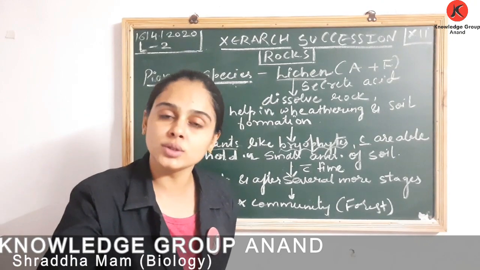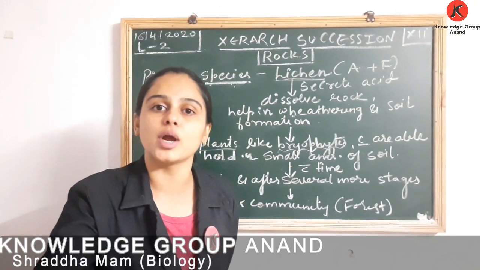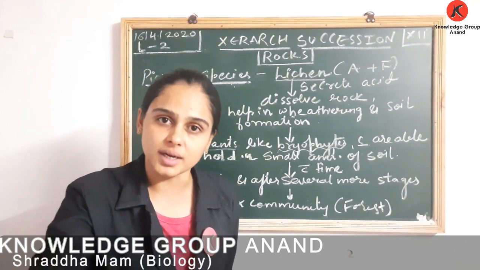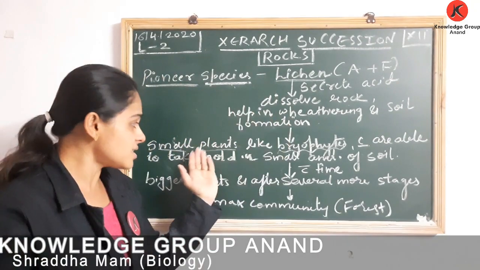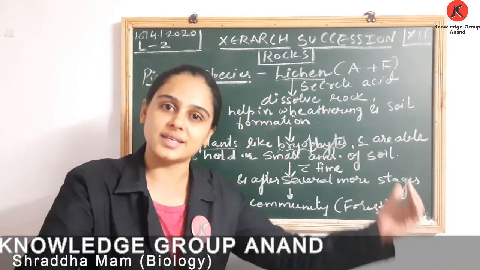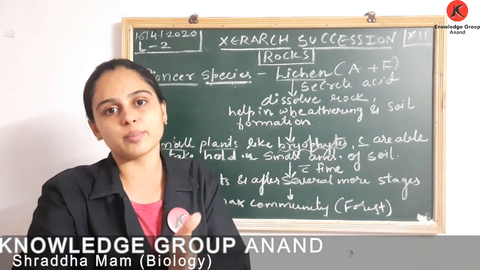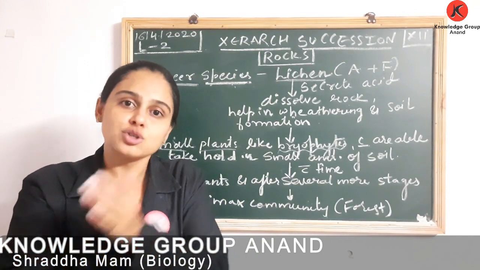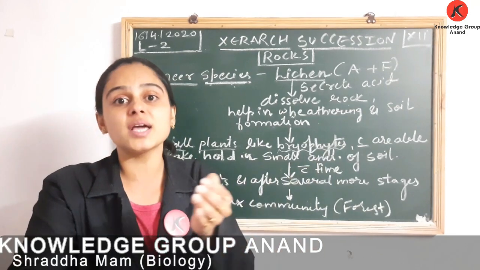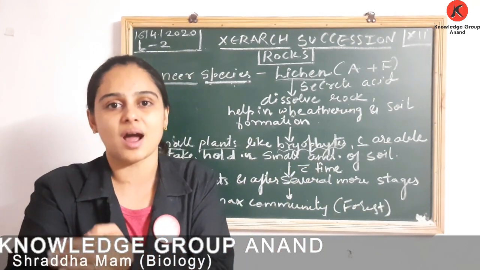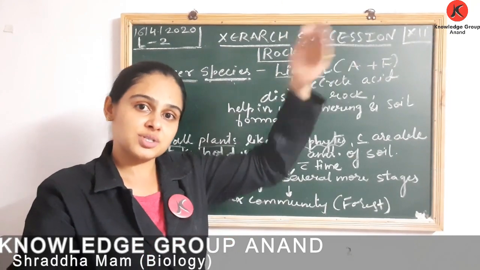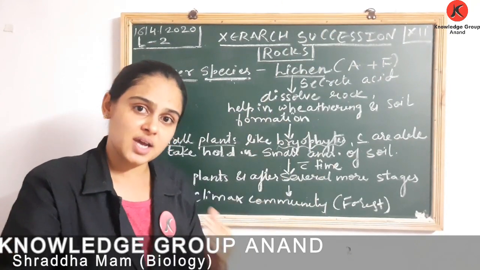Now we very well know that lichens are pollution indicators. So this type of condition becomes unsuitable for lichens and more suitable for bryophytes. So slowly these lichens are replaced by smaller plants like bryophytes. Simple as that. So after the pioneer species, which community comes next?